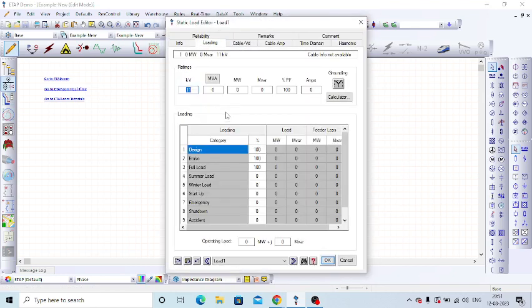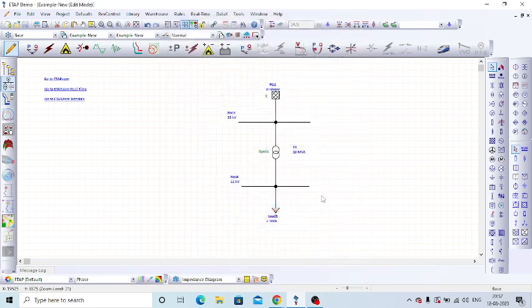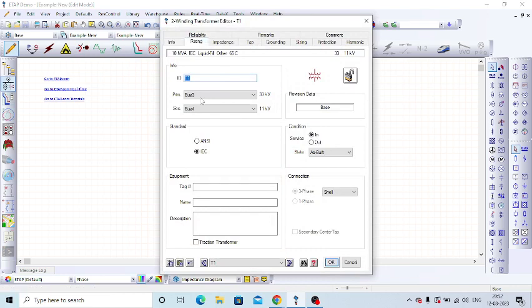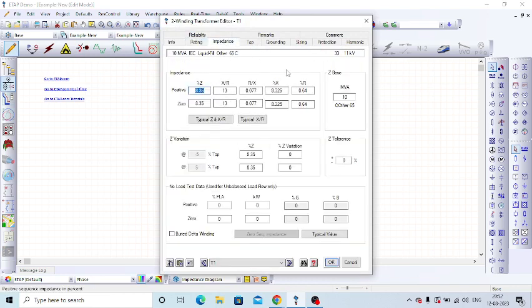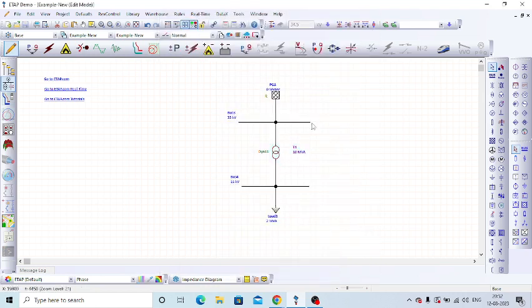What are the data required for the load flow analysis? Those details we need to enter first. So I entered the ID, bus voltage, then in the rating page, transformer MVA, then transformer impedance. Those things I selected.